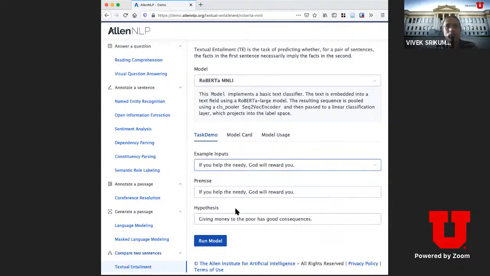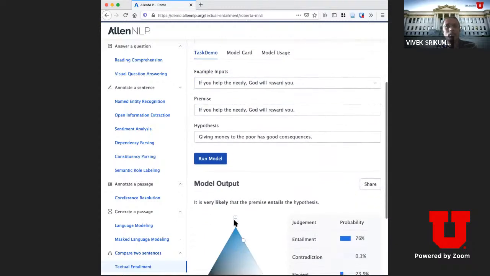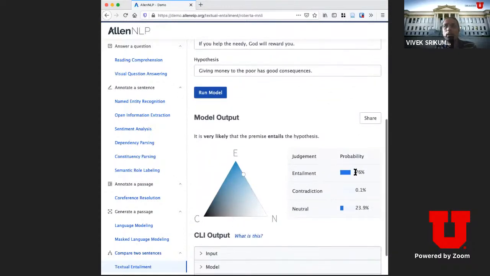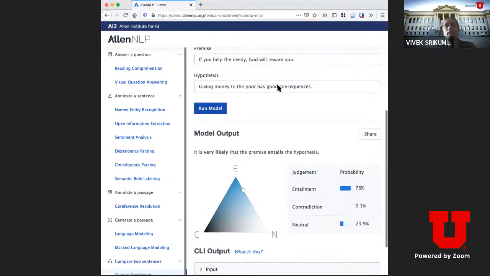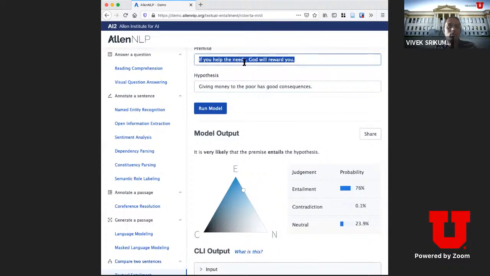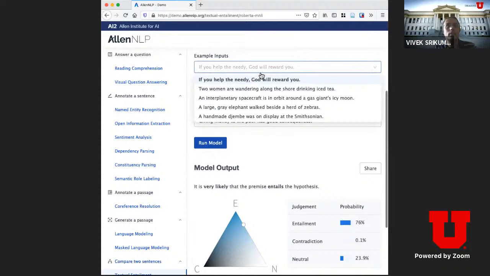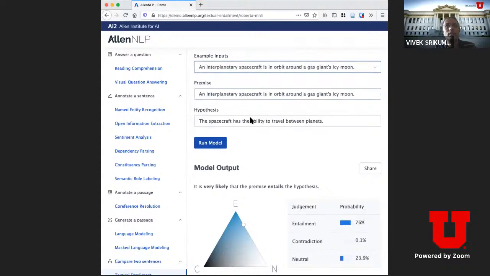So if you help the needy, God will reward you. This is the premise, and the hypothesis is giving money to the poor has good consequences. And you run the model, and it says, with 76% probability, the first sentence entails the second. And we can try more fun things. So let's say that an interplanetary spacecraft is in orbit around a gas giant's icy moon.